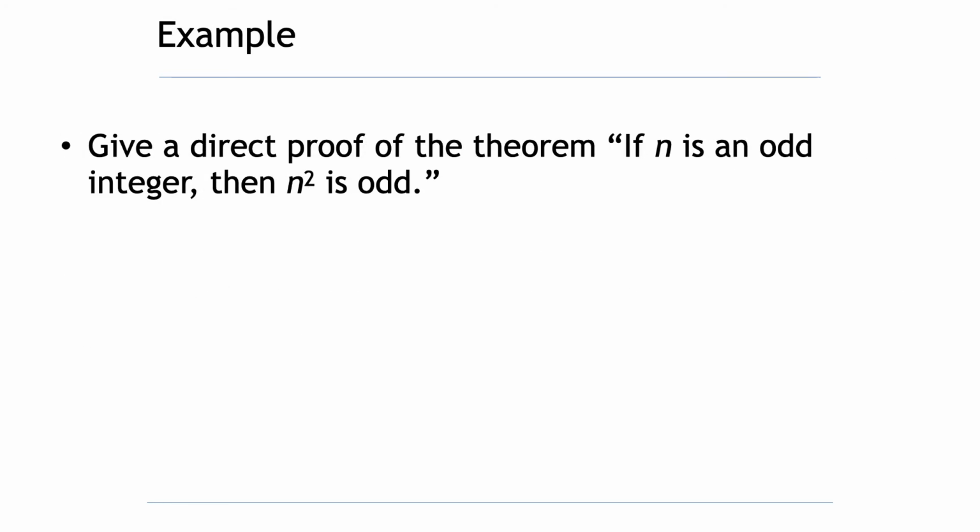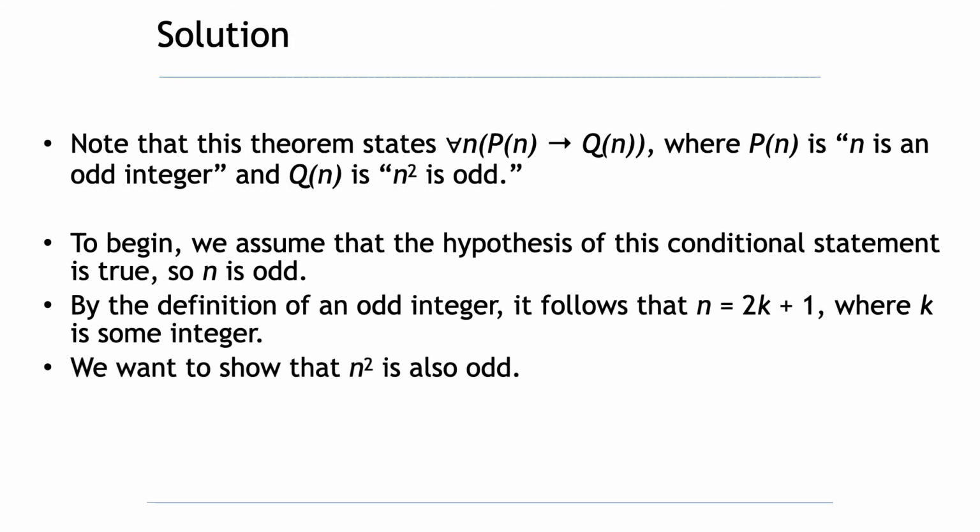So give a direct proof of the theorem: if n is an odd integer, then n squared is also odd. So now we have to prove that this theorem is true. Note that this theorem states that for all n, p at n implies q at n, where p at n is an odd integer and q at n is n squared is odd.